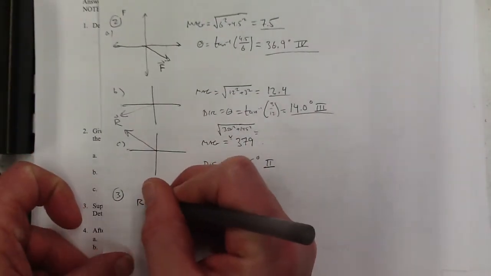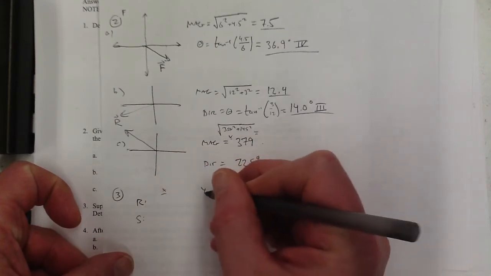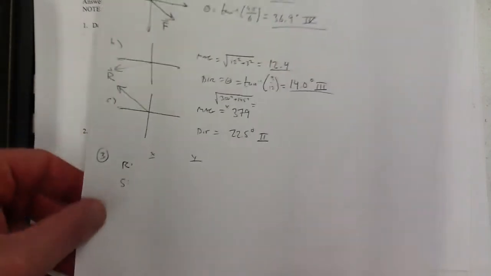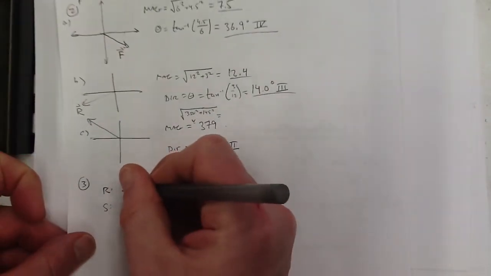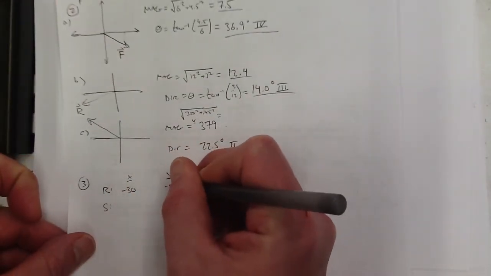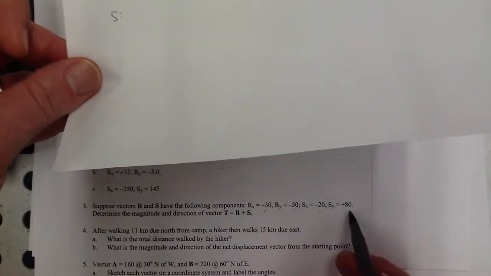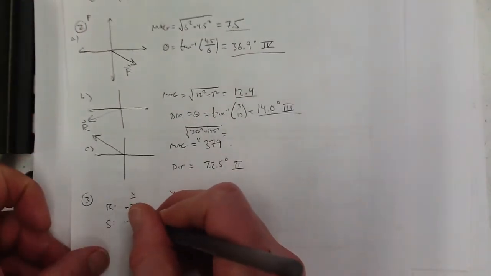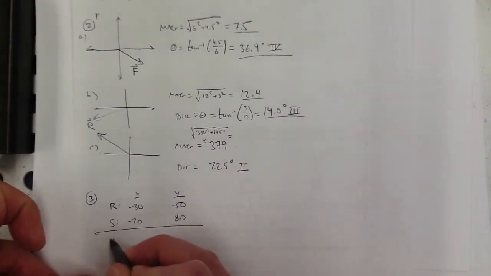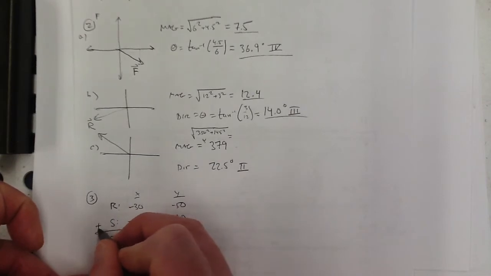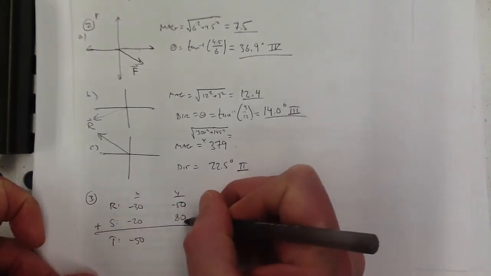So the R vector is -30, -50. And the S vector is -20, +80. And then the T vector, which is the sum of them, is -50 and 30.